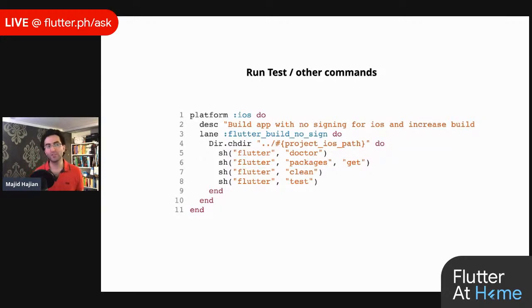If you want to check Flutter Doctor before you run anything, or if you want to install, or if you want to clean before you do anything for building, run the test, or you want to check the formatting, if the formatting is correct, all these external commands can also be called via Fastlane. So you can simply automate that via Fastlane. So once you run on any CI/CD, you're not dependent on anything. You actually depend on your script. You can take full control of it.